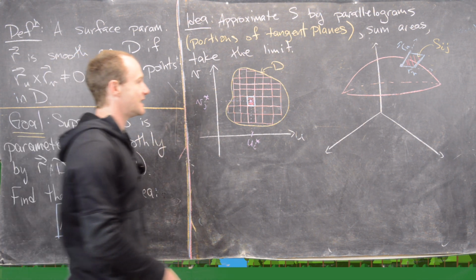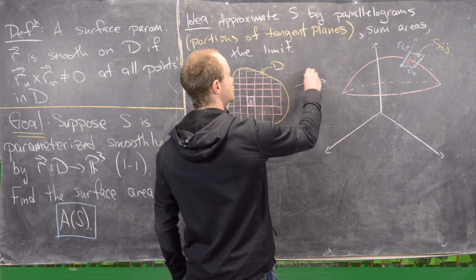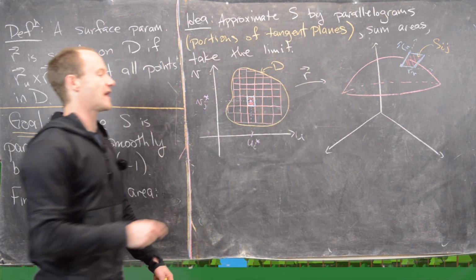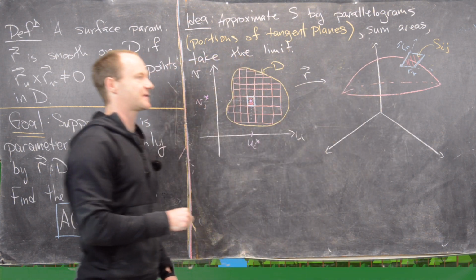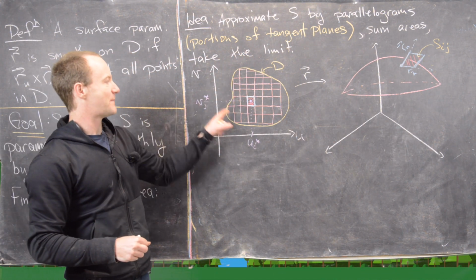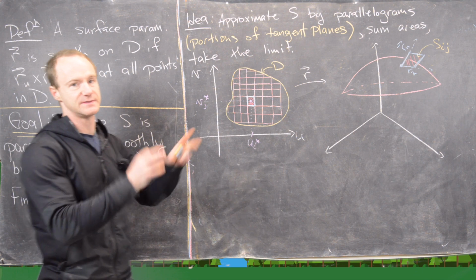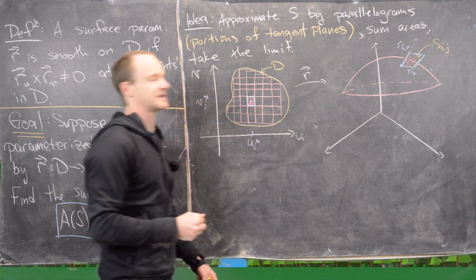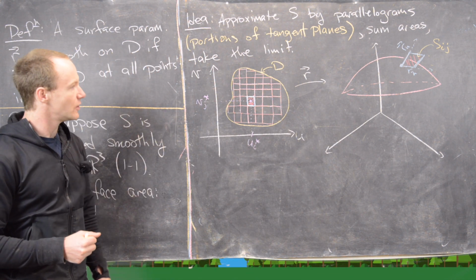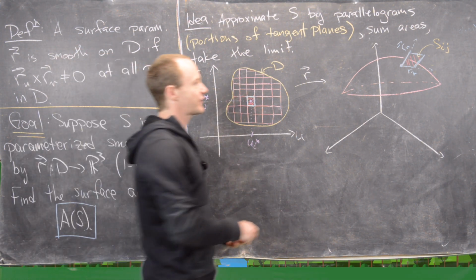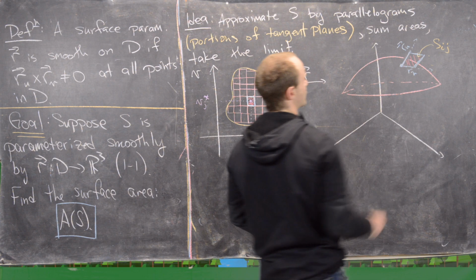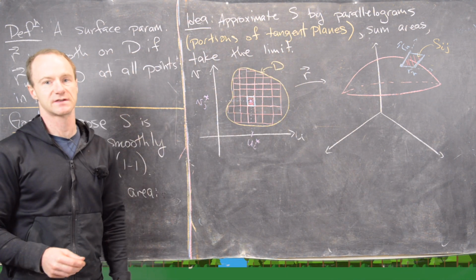And then what's happening is that this whole picture is being mapped over there into R3, into this cap. So this patch over here in R2 is being bent over here into this surface in R3. And what we want to do is look at what's happening to this little rectangle. This little rectangle will be a little patch over here on the surface.